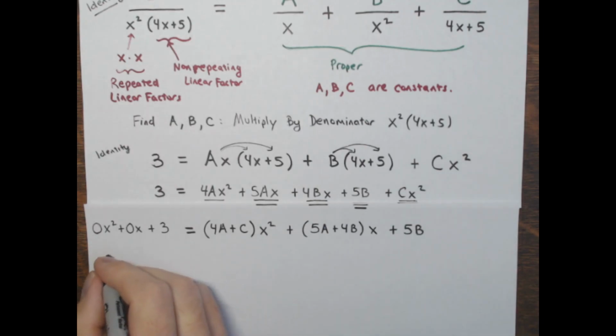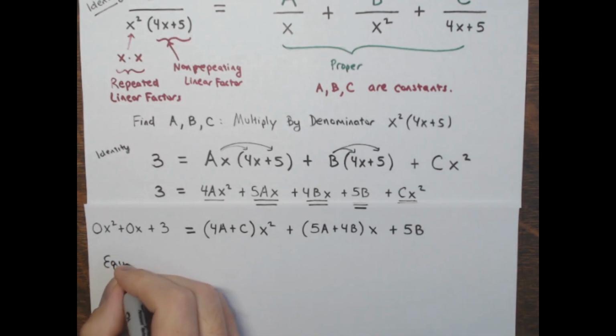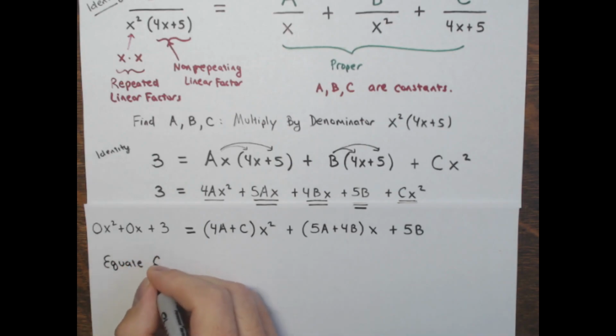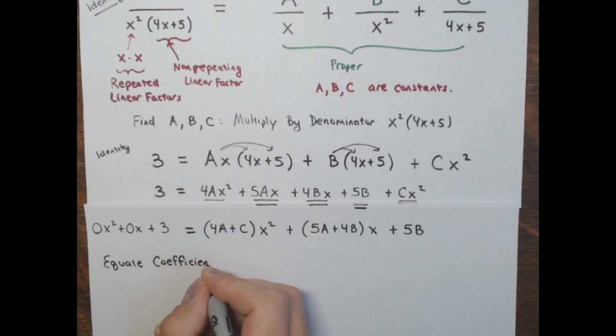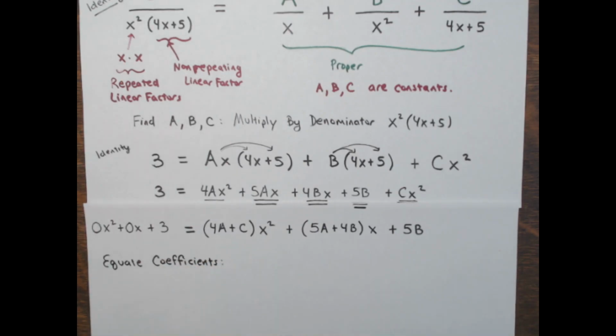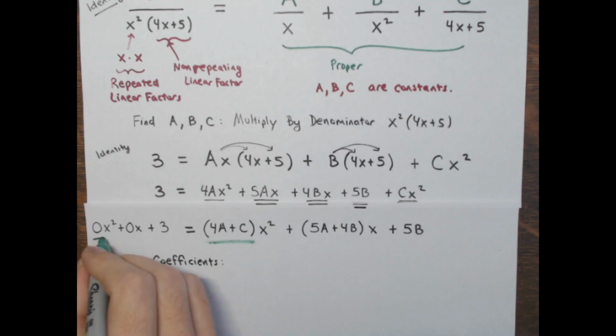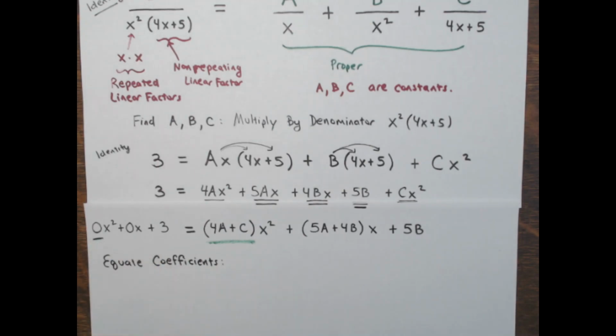So what I'm going to do now is equate the coefficients. The coefficients of x squared need to be the same, right? So 4a plus c needs to be the same as 0. And what we're doing here is actually setting up a system.